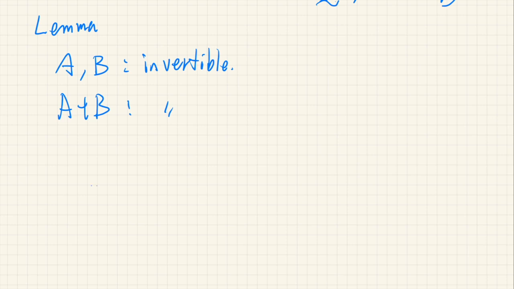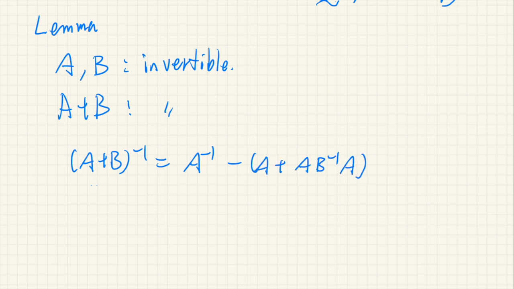Then we have the following identity: (A plus B) inverse is equal to A inverse minus A inverse (A inverse plus B inverse) inverse A inverse. And of course, by symmetry, this is also equal to B inverse minus B inverse (A inverse plus B inverse) inverse B inverse.